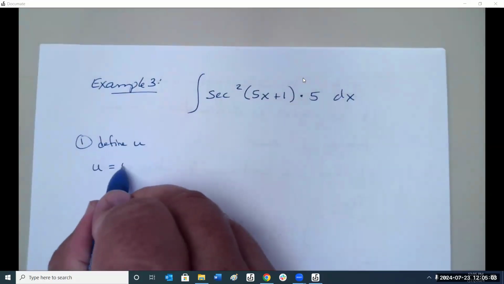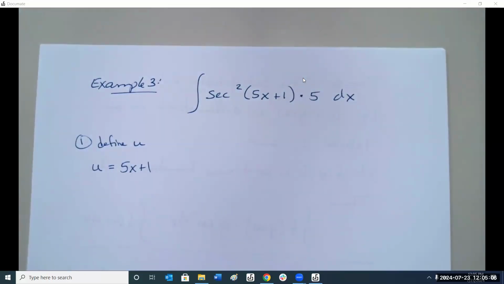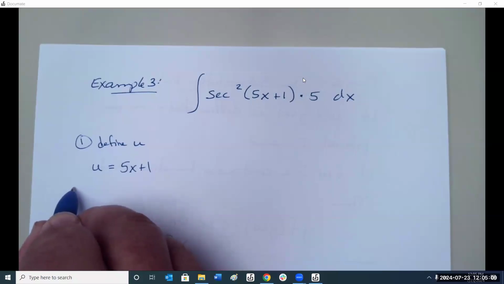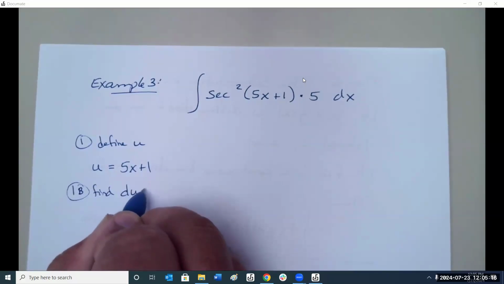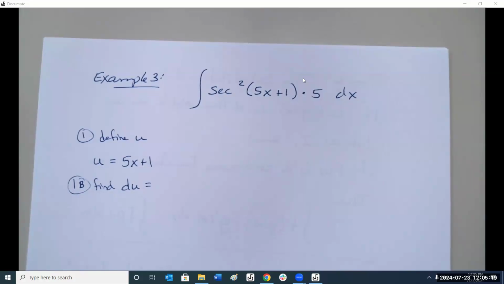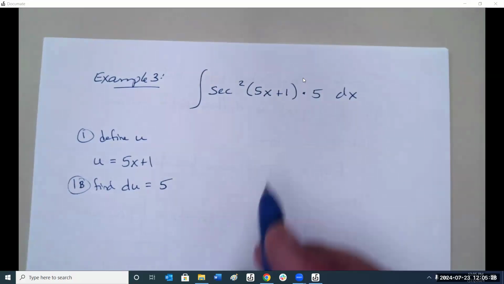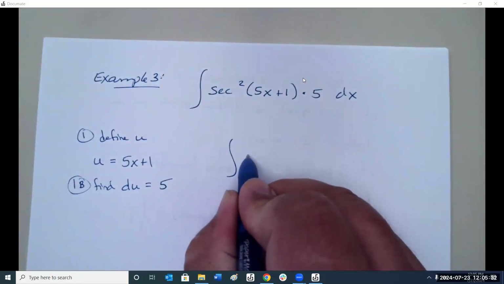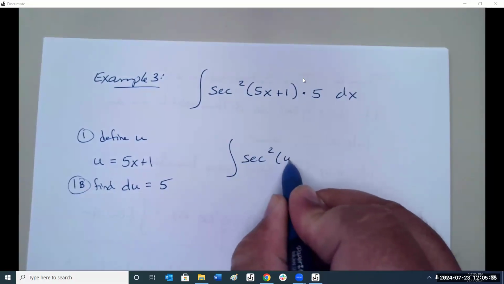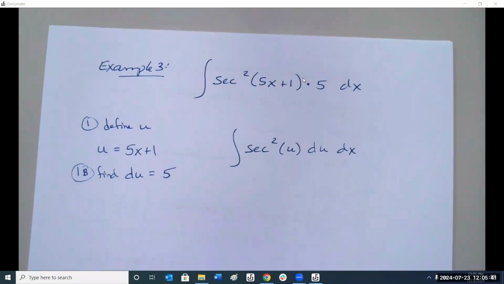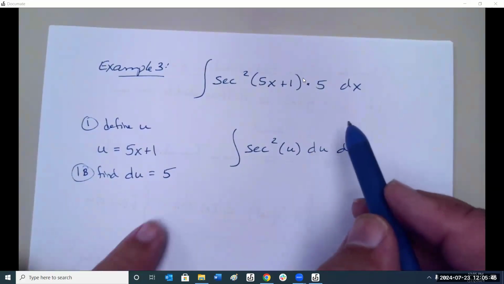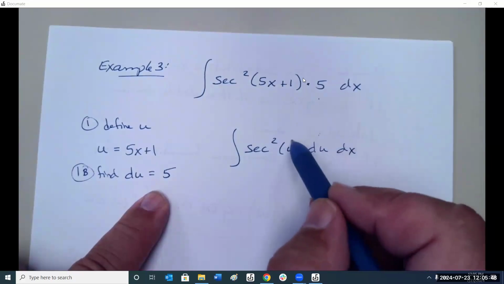Yeah, it's the internal function, 5x plus 1. 1b, find du. And du is 5. That works.